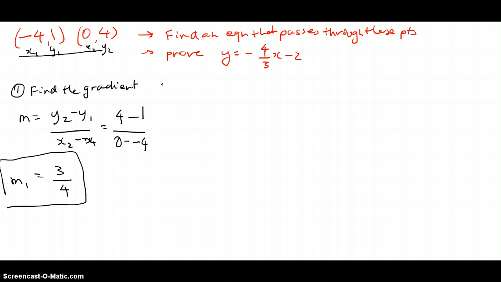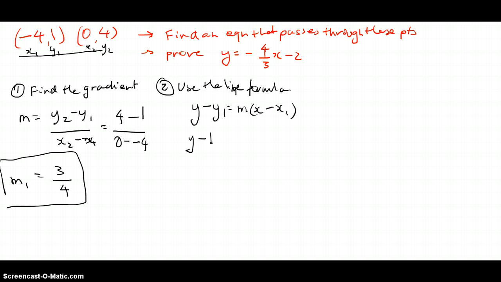But we don't stop there because we need to second use the line formula. So y minus y1 is equal to m(x minus x1). So substitute everything in. y minus y1, in this case 1, is equal to m, which is 3/4, times x minus x1, in this case minus 4.